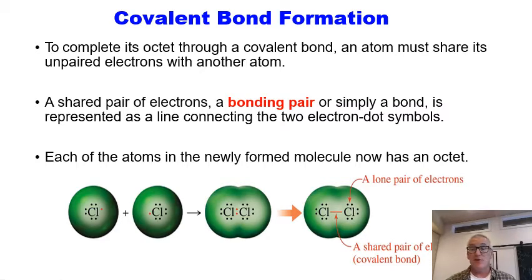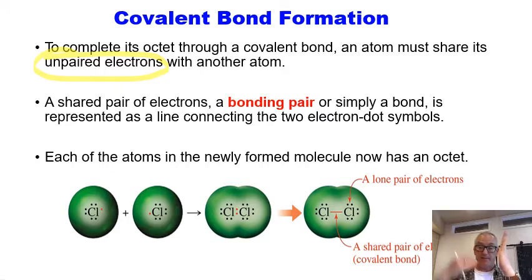Now, to make covalent bonds, each element tries to complete its octet by sharing electrons with another atom. So those electrons need to be unpaired. And that'll become super, super important. Because remember, when we were looking at orbitals, all the electrons paired together, right?